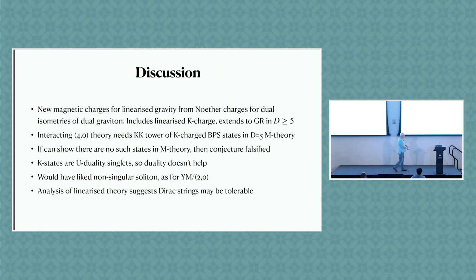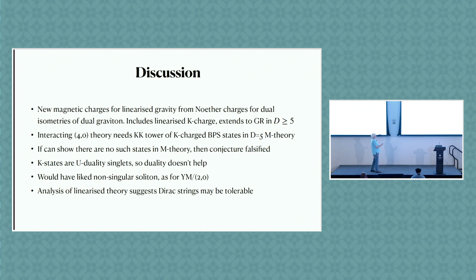So I'm just about out of time, so let me conclude and say where this leads us. One of the things I've discussed is the new magnetic charges which arise for linearized gravity, which can be understood as Noether charges for dual isometries of the dual graviton.